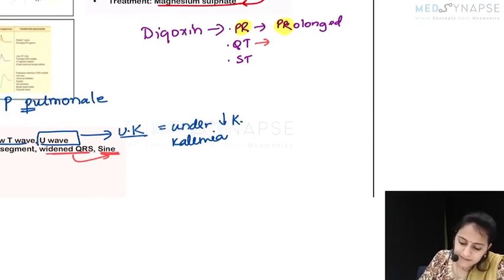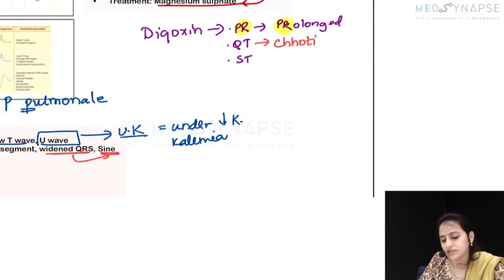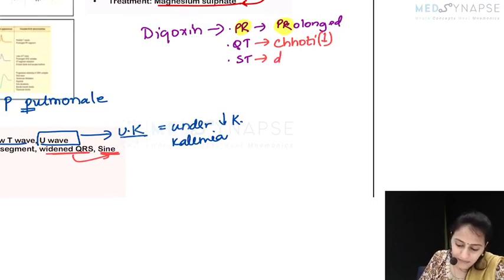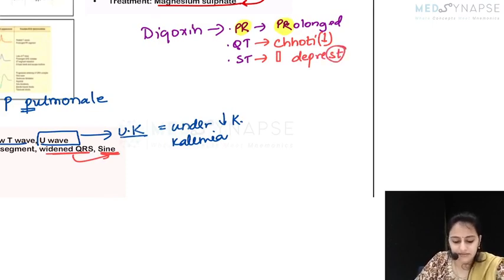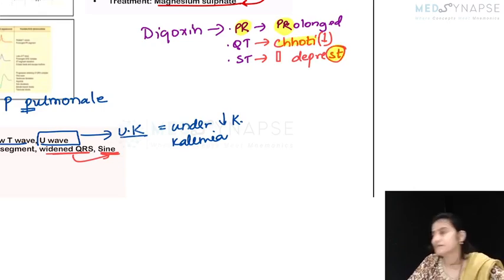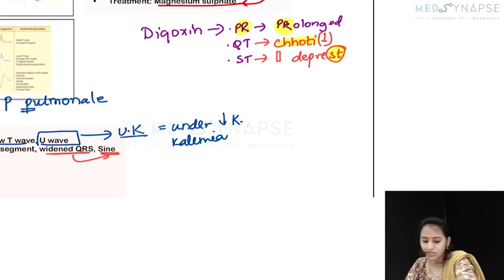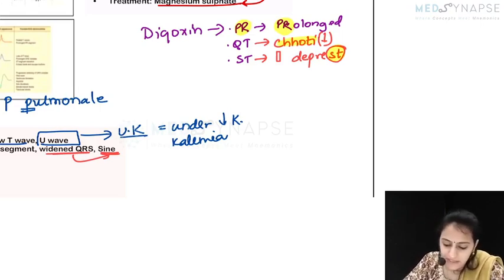QT is shortened, QT is short, that is decreased. ST is depressed. QT short, PR prolonged, right? So remember the rhyming words here for digoxin.